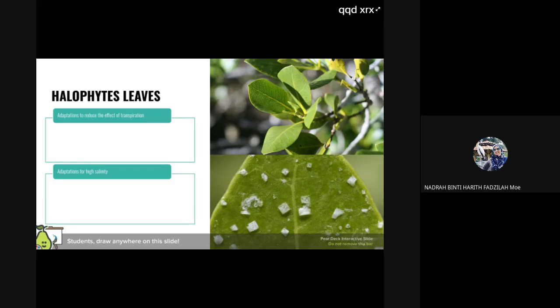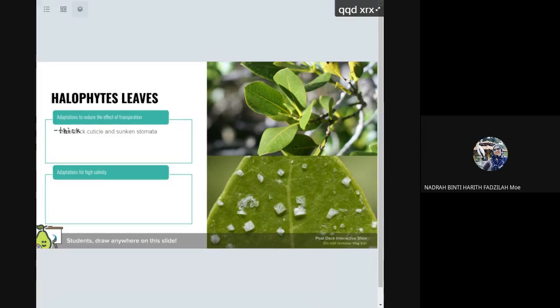So apakah fungsi butir, kenapa boleh ada butir garam on the surface of the leaf? Mesti ada sebab dia kan, ada adaptation dia. Selain daripada itu, adaptation for high salinity juga involve the roots, tapi kita tak cerita kat sini lah sebab kita nak fokus pada leaf saja dulu. Okay.